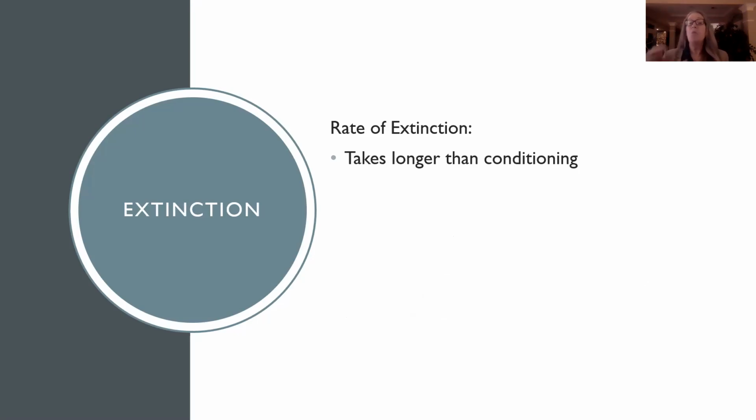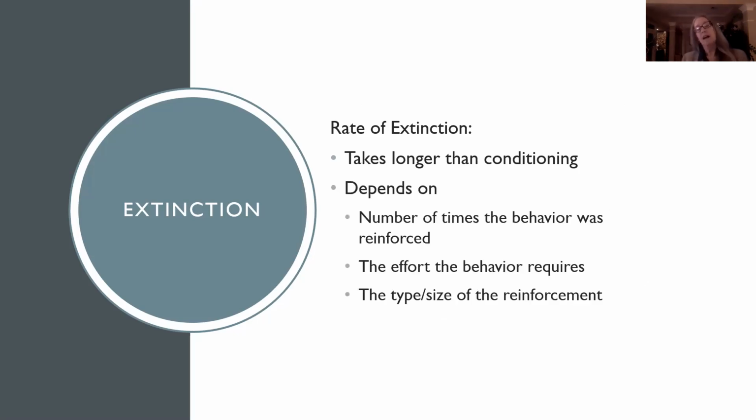Okay. Now the rates of extinction vary greatly. Extinction actually can take longer than the learning cycles. It depends upon the number of times that the behavior was reinforced, the effort that the behavior requires, and the type and size of the reinforcement. It also depends on the schedule of reinforcement that you used.